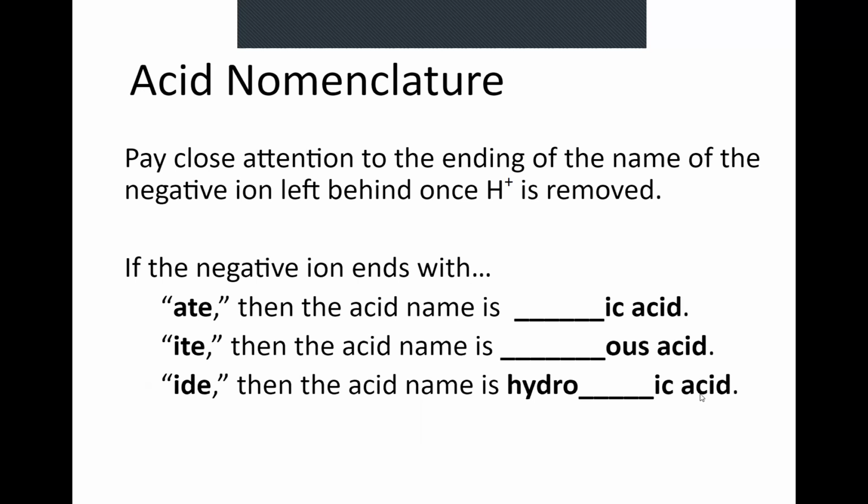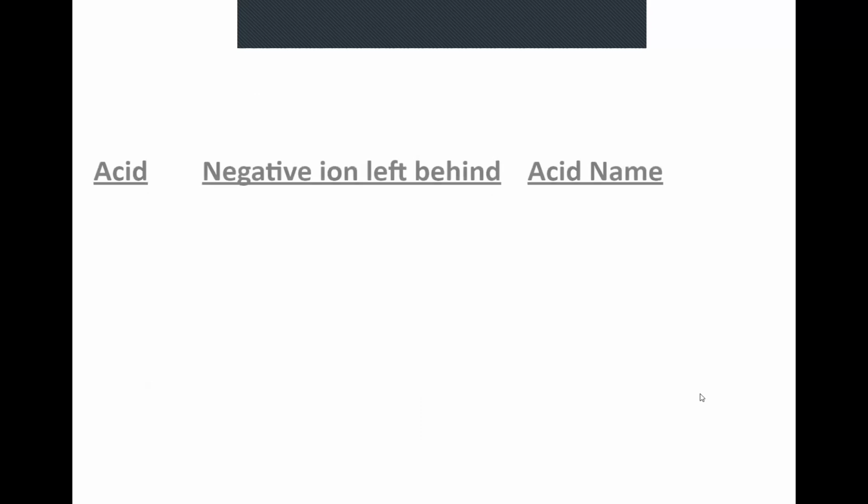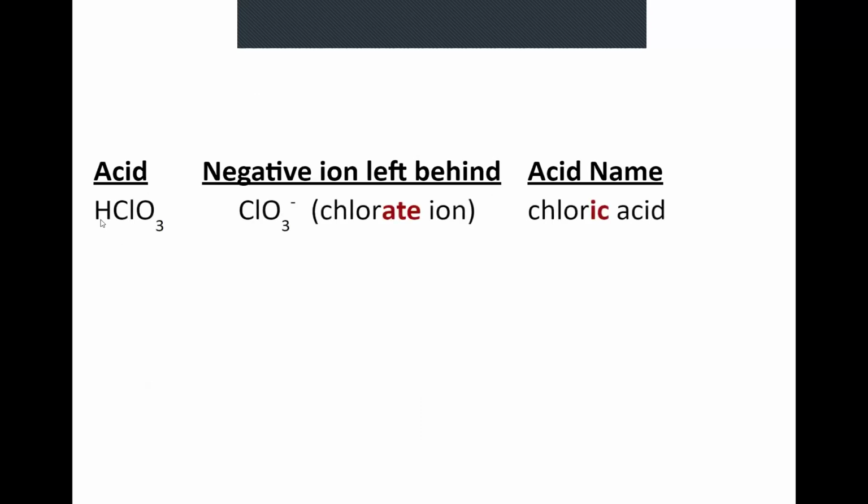So let's return to those three negative ions we had identified earlier. HClO3, if you remove an H, the negative ion left behind is chlorate ion. So if we're following the acid naming rules, we would take the chlor, the part that comes before the ate in the negative ion name, and put it in the blank for the acid name, chlor, and then ic acid.